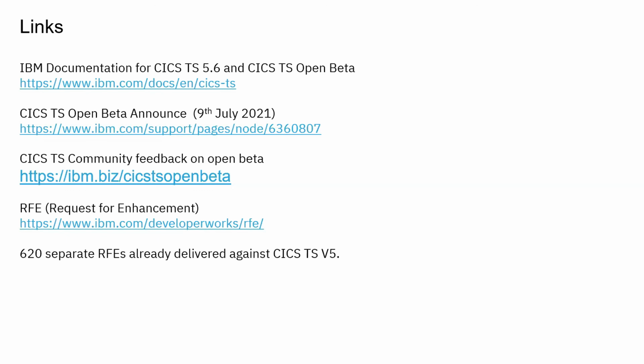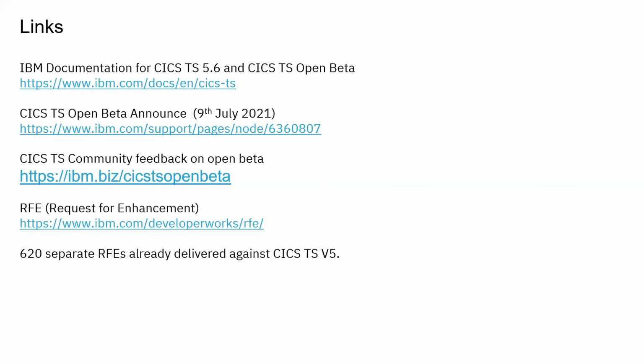If you've got any feedback on the open beta, you can do that in the documentation as well as in the community. And also, if there are enhancements that are not here in the open beta that you would like, then I'd very much recommend you go to this site to request the enhancements.